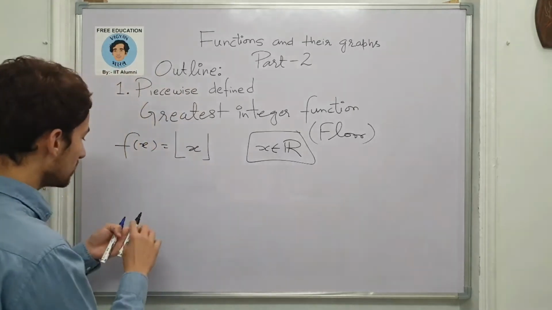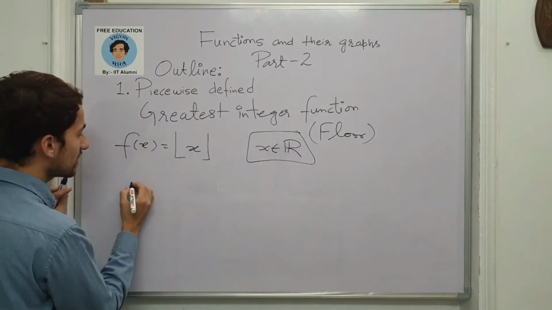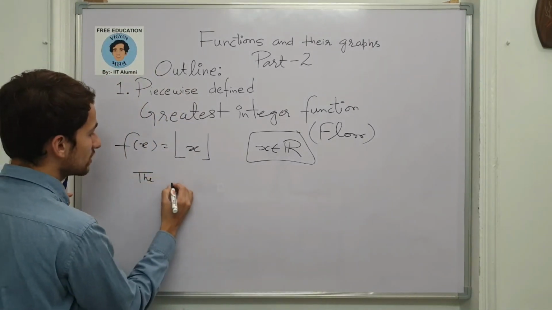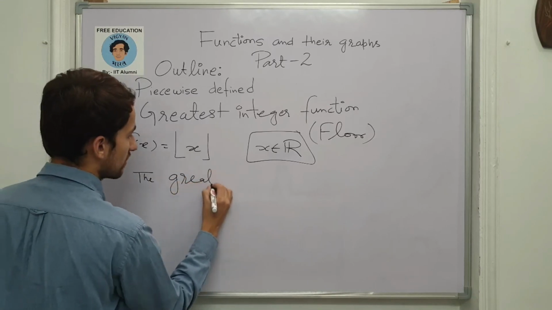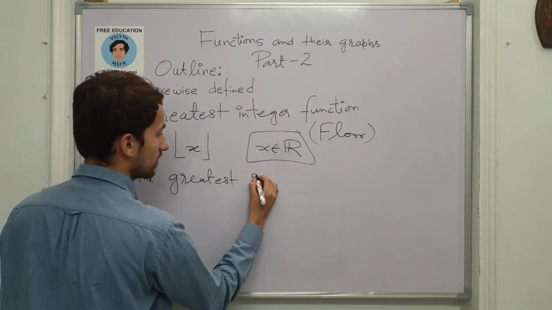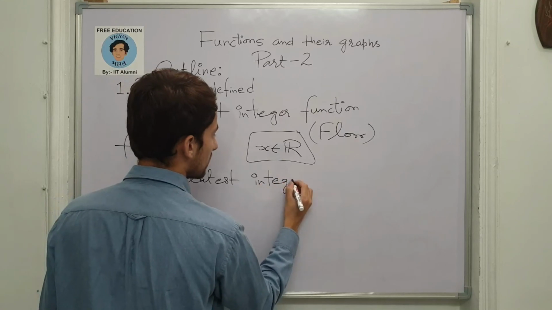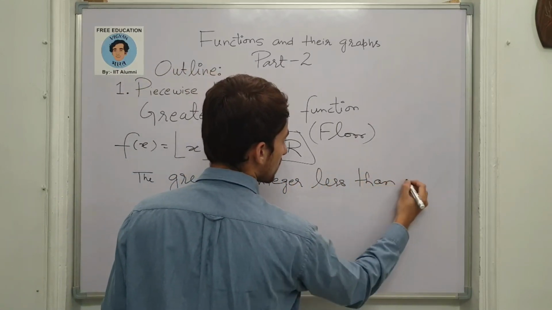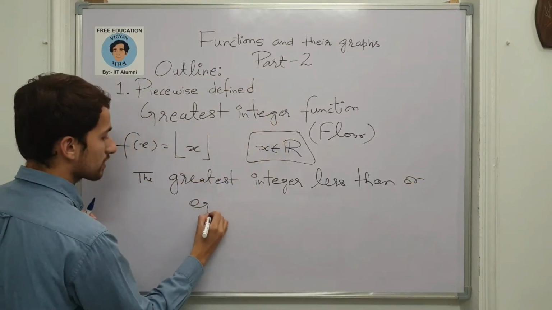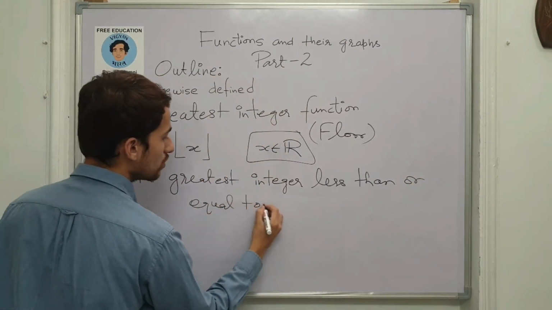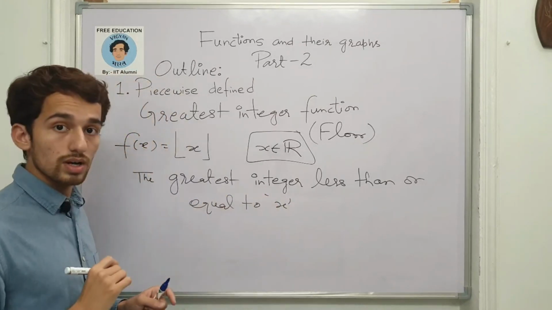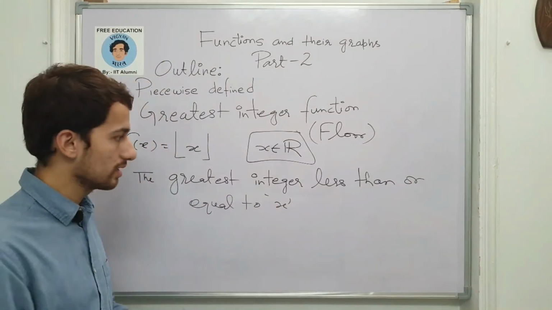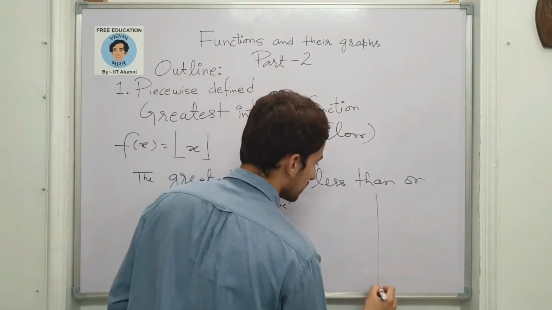So what is the definition? It will take the greatest integer less than or equal to x. So let's choose an x. Let me give you clarity.